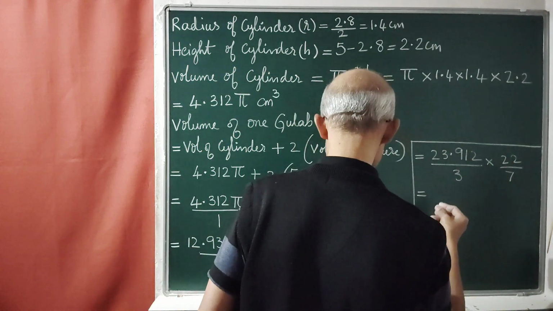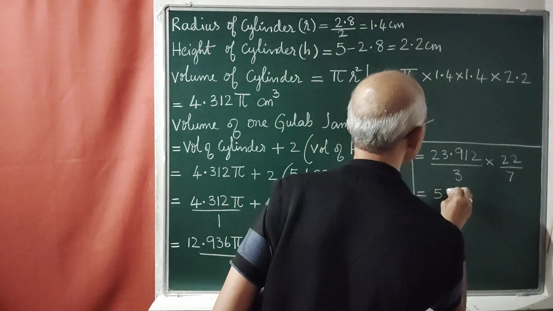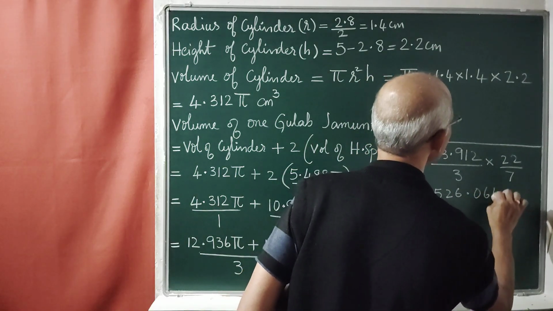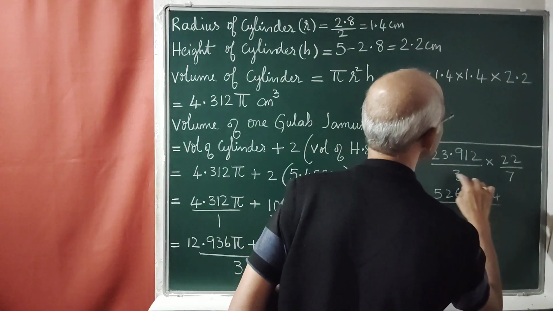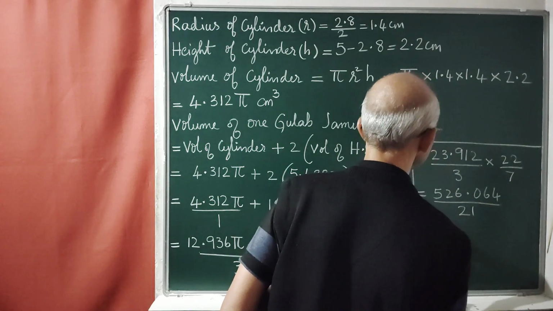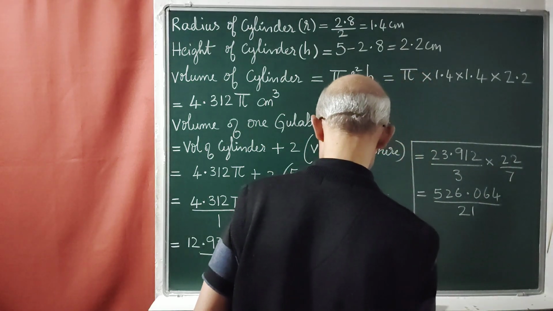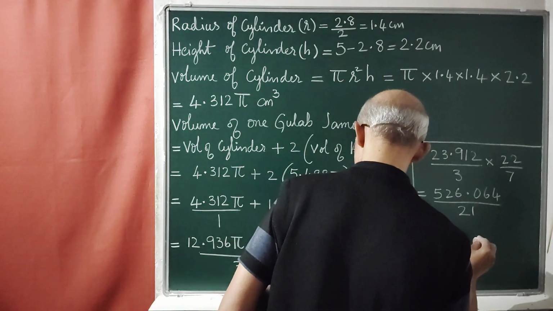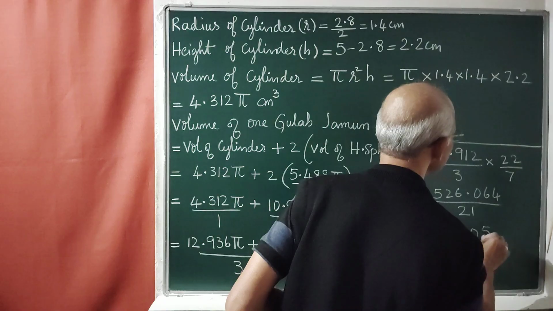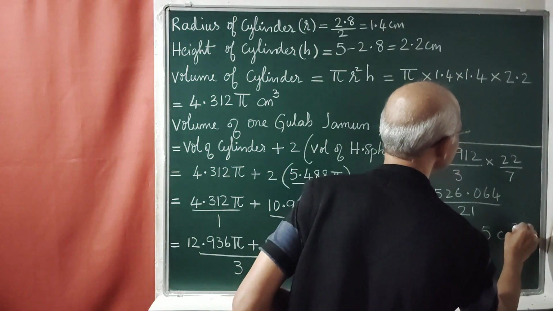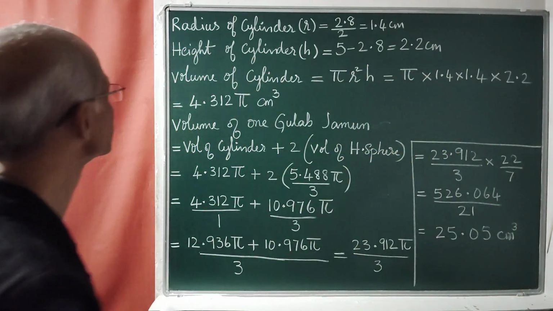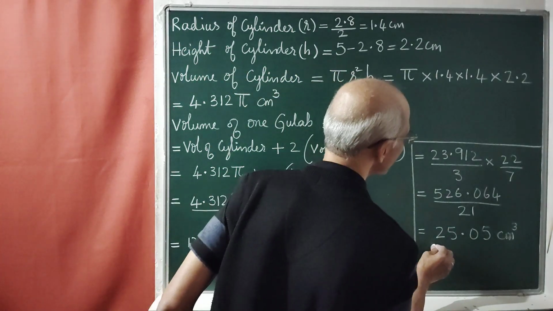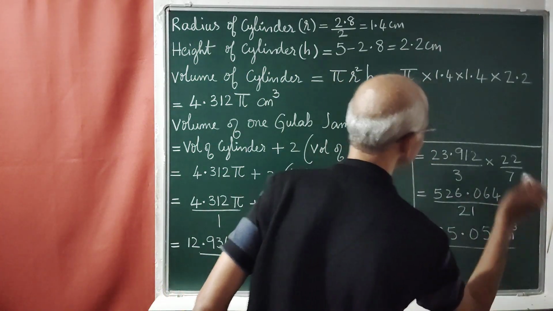So if you multiply these two, 526.064 by 3 sevens are 21. That's equal to 25.05 centimeter cube. So the volume of one gulab jamun is 25.05 centimeter cube.